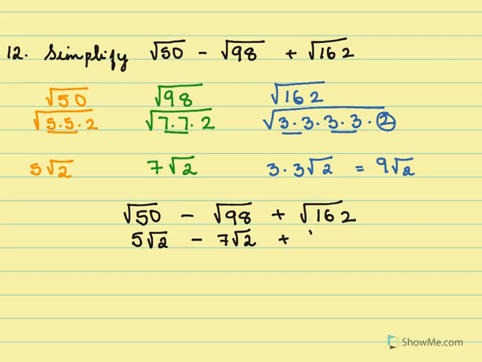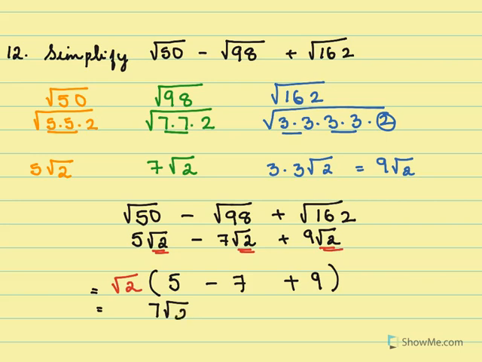And for under root 162, I'm going to put 9 under root 2. And if you notice here, I can take root 2 common out. What remains inside is 5 minus 7 plus 9. And that will work out as 7 under root 2.